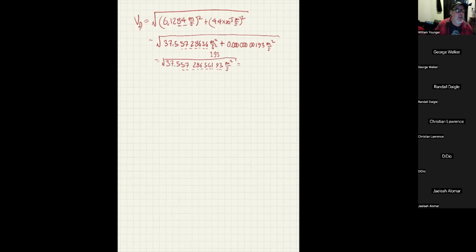Let's try this one. A swimmer wants to cross a river from point A to point B as shown in the figure. So this is actually a kind of neat problem. Let me draw it really quickly. You've probably seen something like it in your homework. This is 240.0 meters.